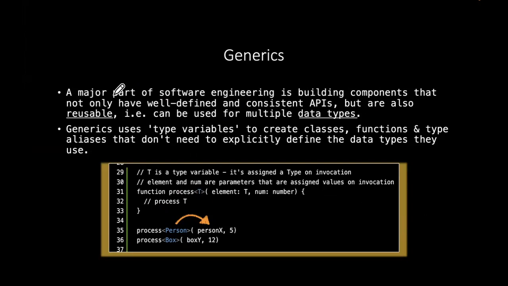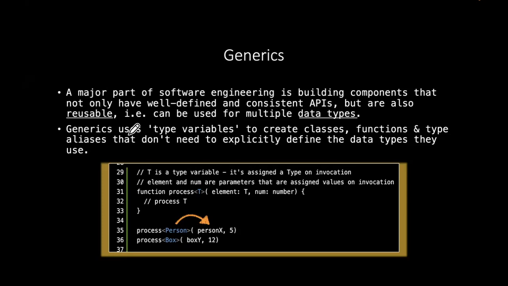So anyway, just to quickly remind you of this idea of generics. The idea is you want to make your components reusable, but reusable this time on the basis of the data types that the component is working with.